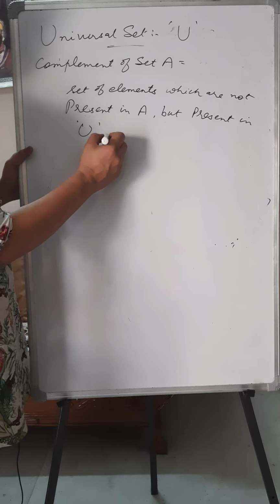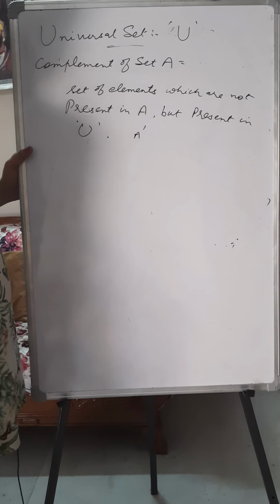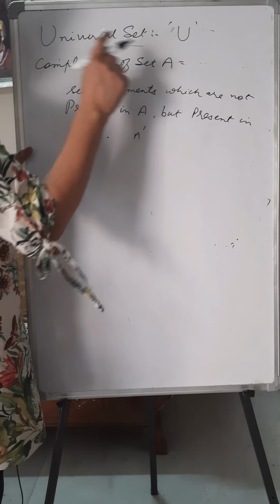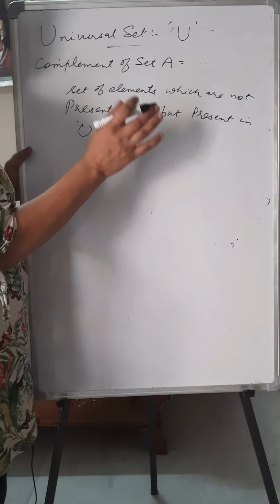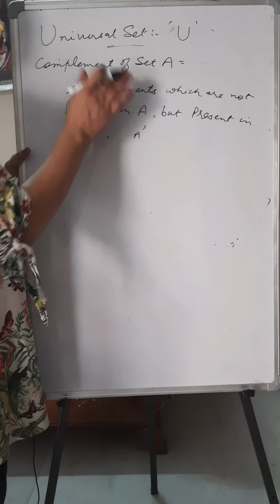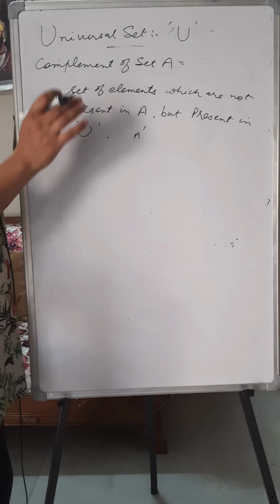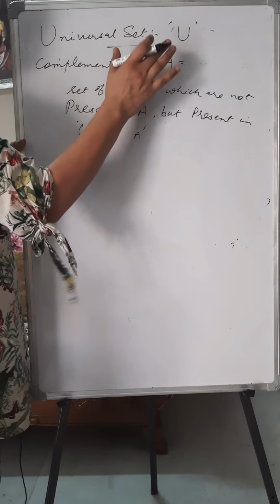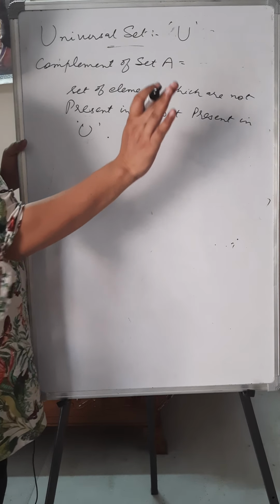Complement is denoted by A dash. You have to consider only those elements which are not present in A but present in the universal set. Simply, from the universal set you have to leave out the elements which are in A.